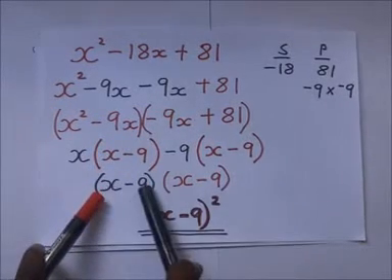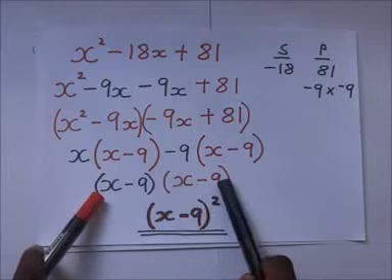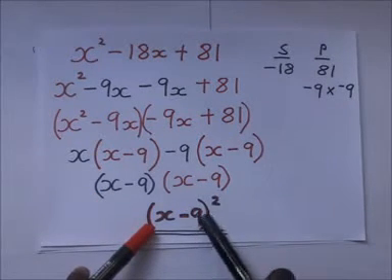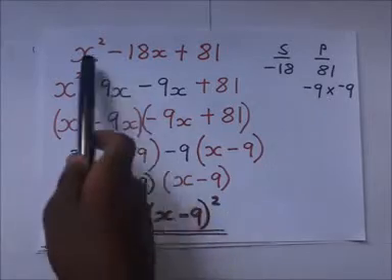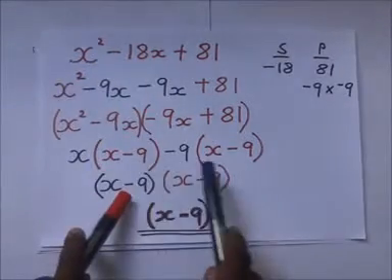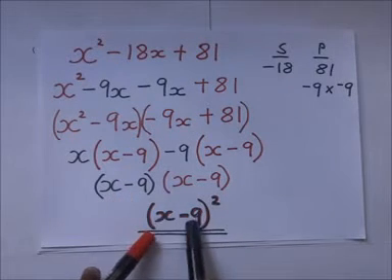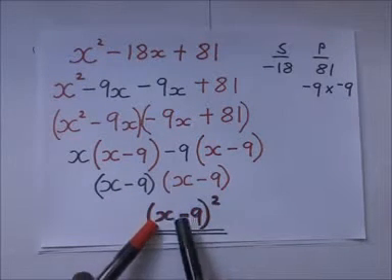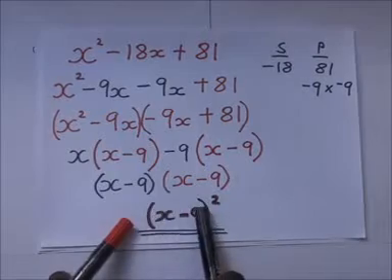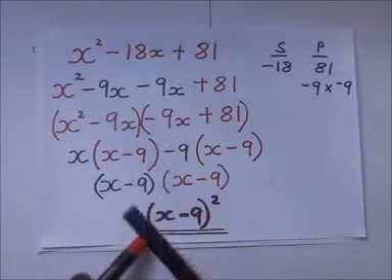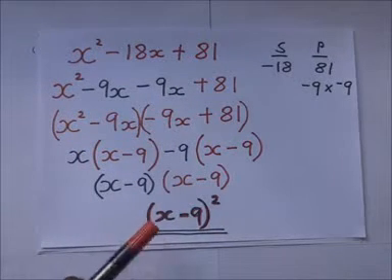And you realize that it's x minus 9 times x minus 9, which is x minus 9 squared. So this quadratic equation has the same root, which is 9 and 9. Because we have x minus 9 squared as the factorized expression, it makes this quadratic equation a perfect square.